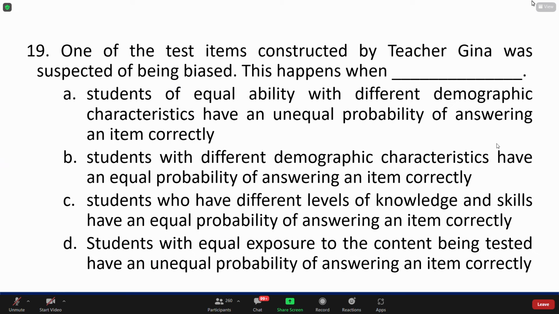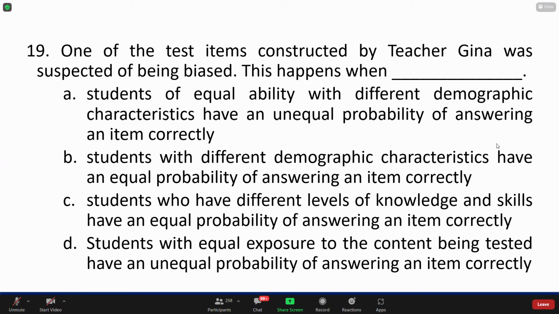C. Students who have different levels of knowledge and skills have an equal probability of answering an item correctly. Letter D. Students with equal exposure to the content being tested have an equal probability of answering an item correctly. My answer is letter D.